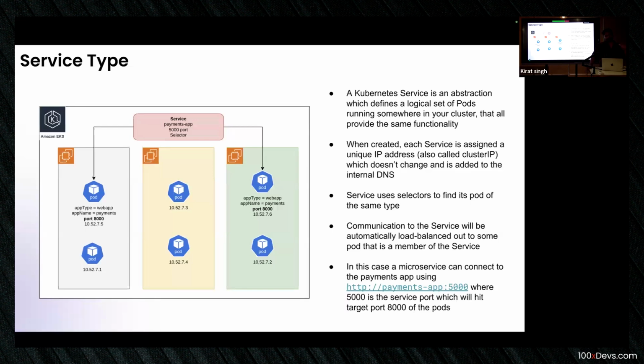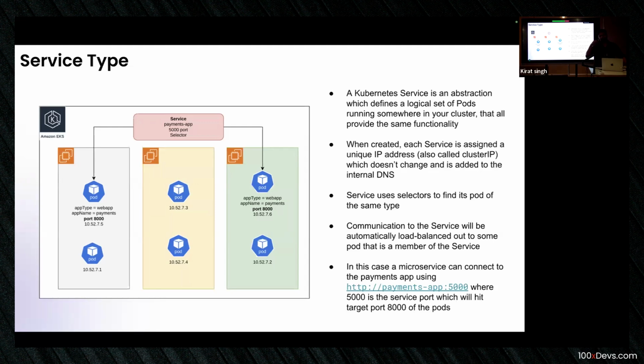It will not send all the requests to only one container of Postgres. It'll try to balance it across different nodes and different containers. It can be anywhere, right? Kubernetes' responsibility is to take that request and put it to the right VM and the right container, right? So this is how the service thing works. You can just create a service, and the service would enable networking. You can just call it.